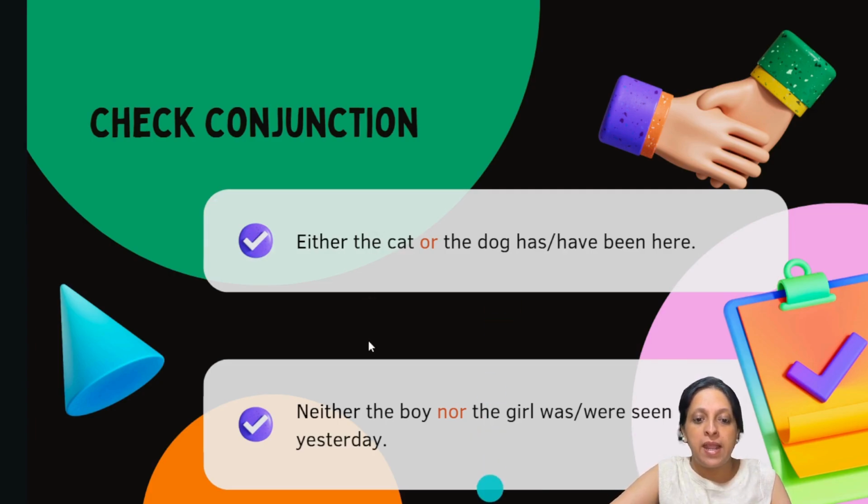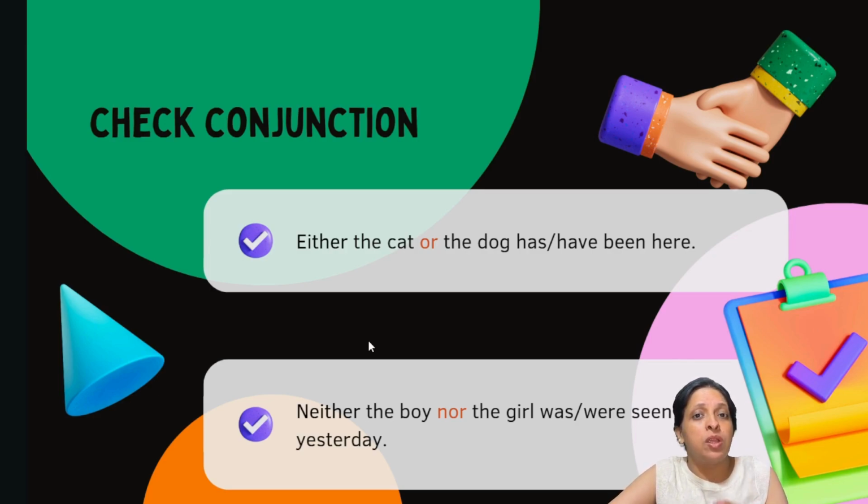Let us take the next example. Neither the boy nor the girl was or were seen yesterday. So what does neither mean? Neither means not any one of them. So I'm talking about a boy and a girl. And either or, neither nor, just remember, is used only when we are talking about two subjects. So here the subjects are boy and girl.